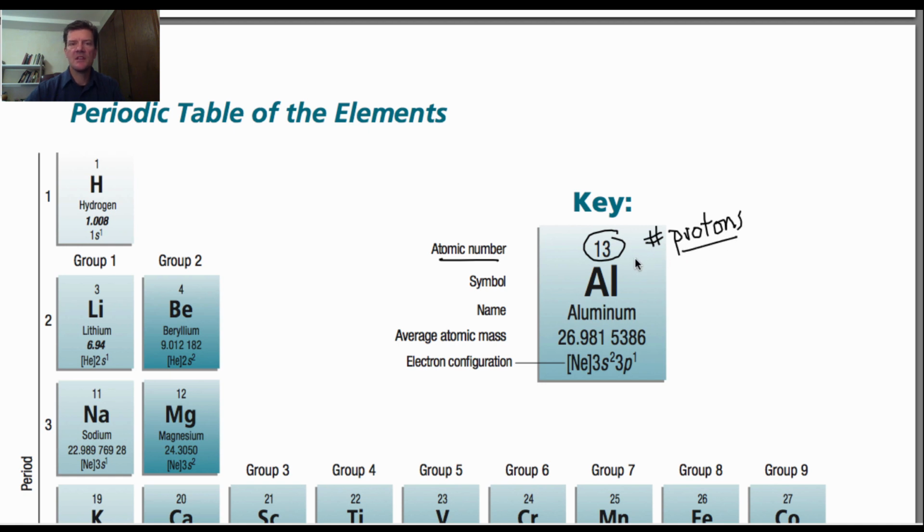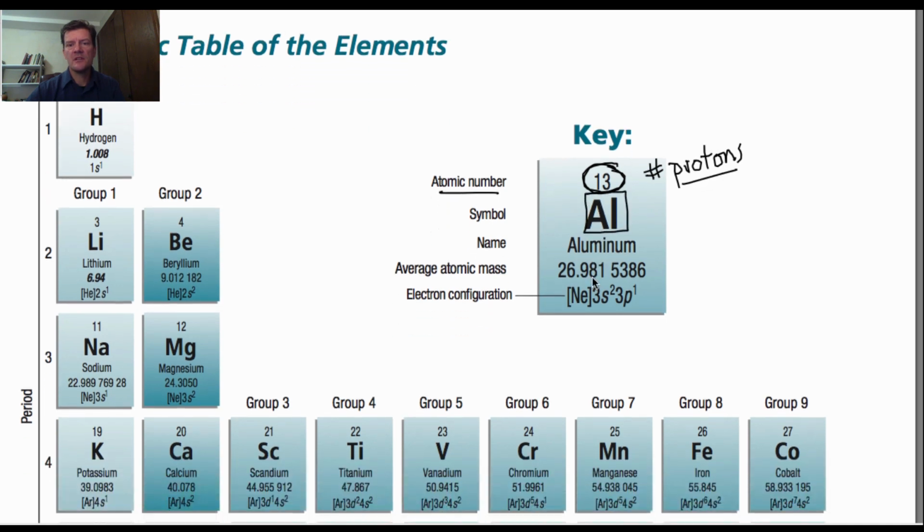This is its ID number. For aluminum, every aluminum atom always has 13 protons. It can have a different number of neutrons or electrons, but it always has 13. Here's its symbol, 2 letters. There's the name. Here is the average atomic mass. Remember, this is a weighted average depending on the abundance of the different isotopes.